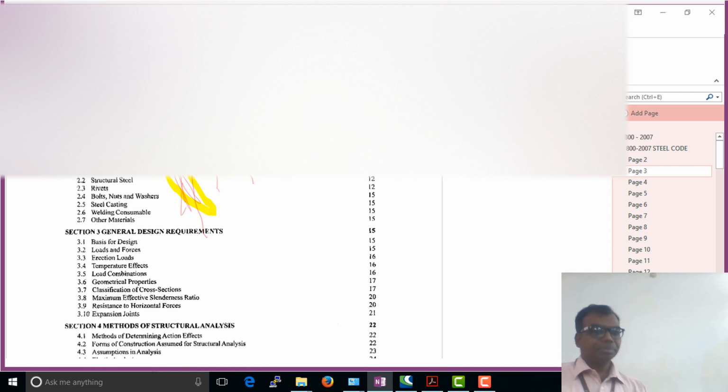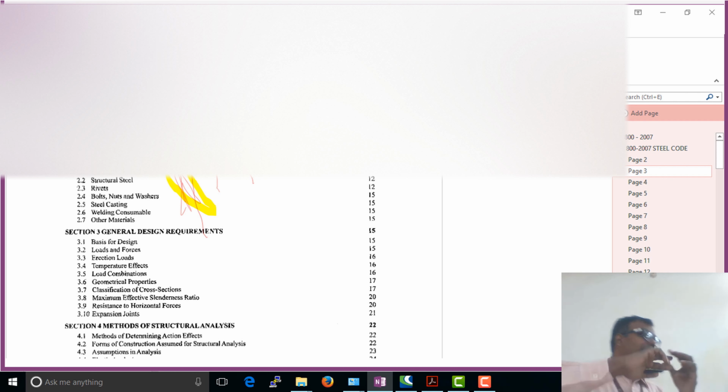For now, I want you guys to read up the first two chapters. You need to understand the scope, or the place where the code is being applied, and then the second thing is some of the general principles of how the rivets or the bolts are going to be connected, how close you can come with two bolts.